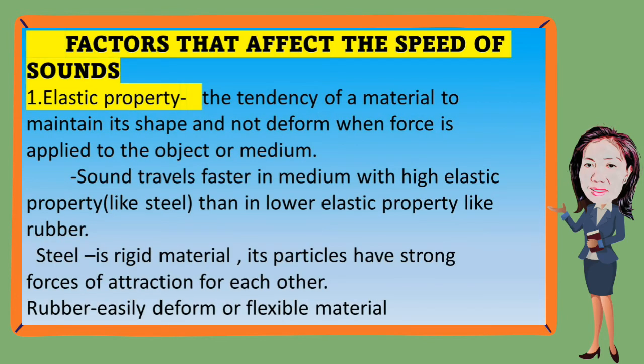Okay, next. So let's identify what are the factors. This is objective number 3. Factors that affect the speed of sound. One of these is elastic property. Elastic property is not the ability of being stretched, but this is the tendency of the material to maintain its shape and not be deformed when force is applied to the object.